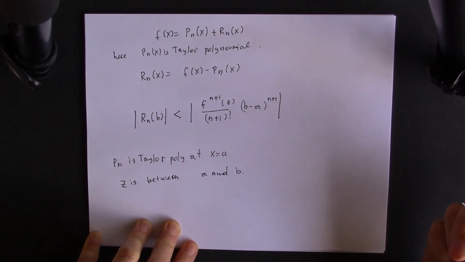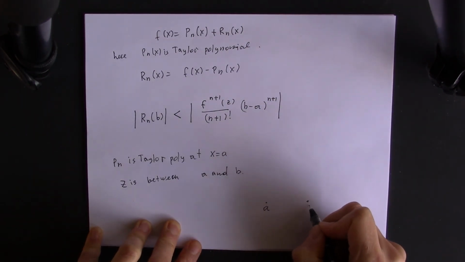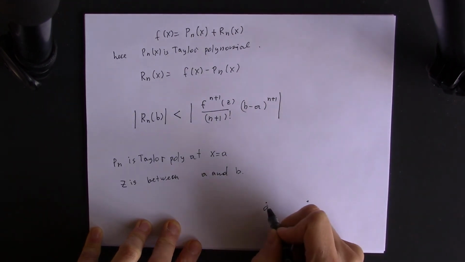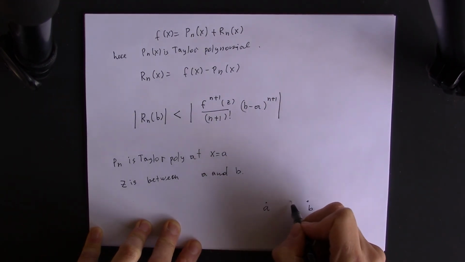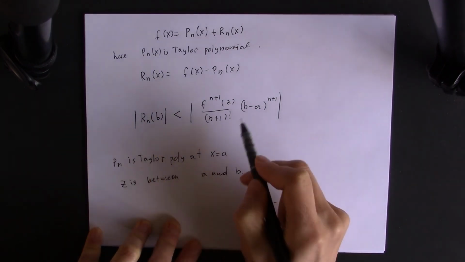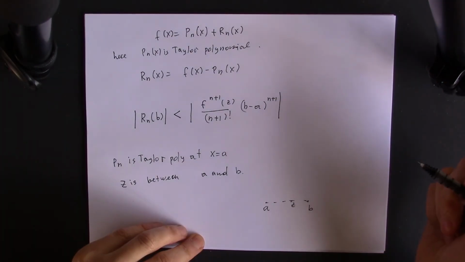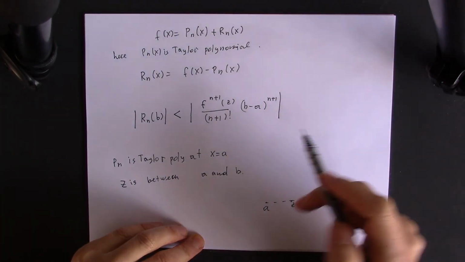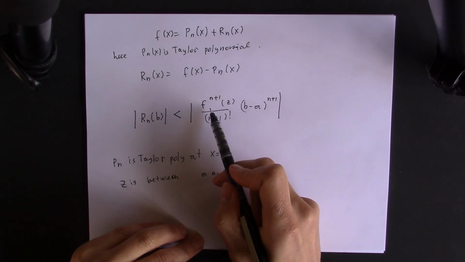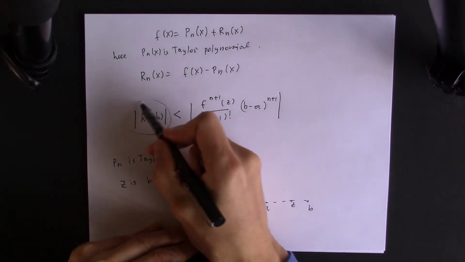So the situation looks something like this: we have some point A somewhere here, we have B somewhere here, and somewhere between them we can find z, so that our remainder will be less than that. Usually, if we can get a good handle on the n plus first derivative of a function, we can then say how big our error is going to be.